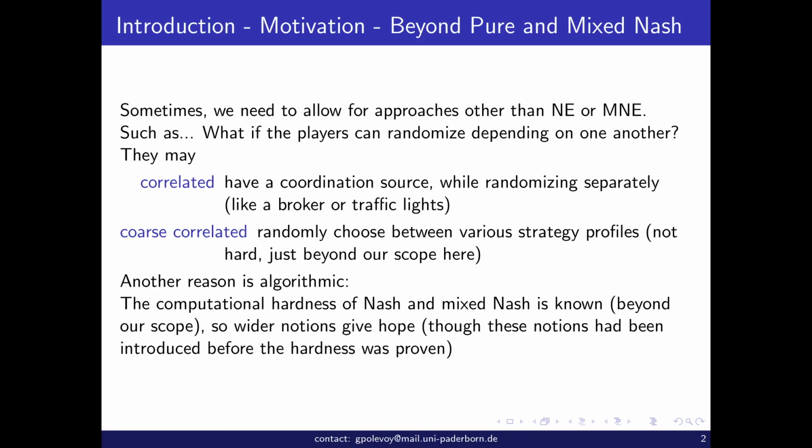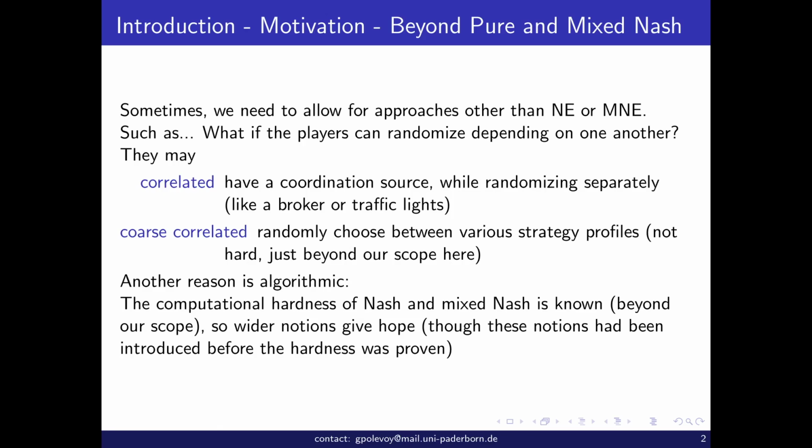At most one shall pass at a time in each direction. So I can say there are two equilibria, right? Either I pass or the one who crosses me. But it can be that we basically want to randomize. Now, if we don't want to crash, it's reasonable not just to randomize independently, but to randomize dependently.